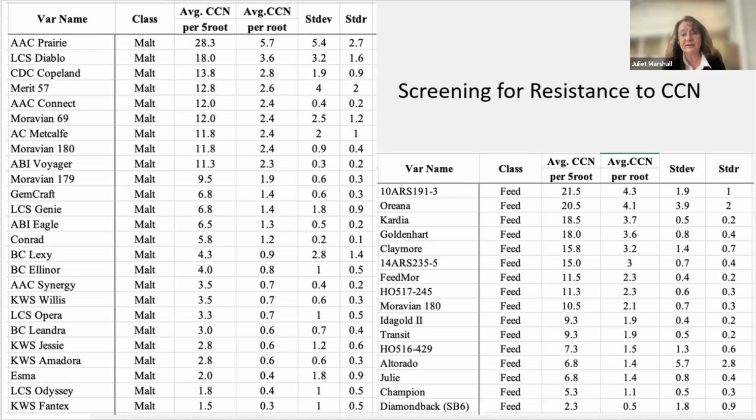Then if you look at the feed and food lines, again, we still have widespread variability associated with resistance and susceptibility. So our additional work, with our new graduate student, is modifying our sampling protocol to get a little bit more accurate reading, a little bit more standardized sample volume, and a little bit more standardized root sampling to get a better procedure.